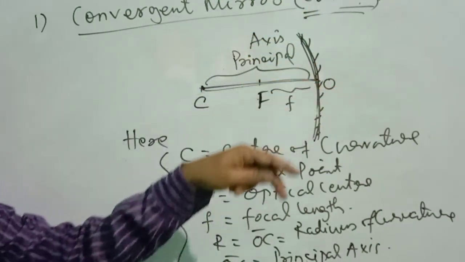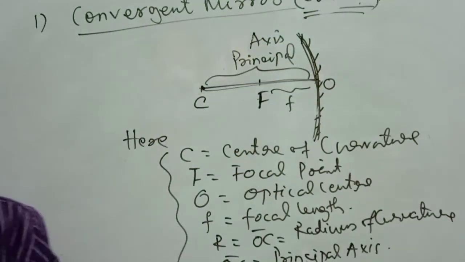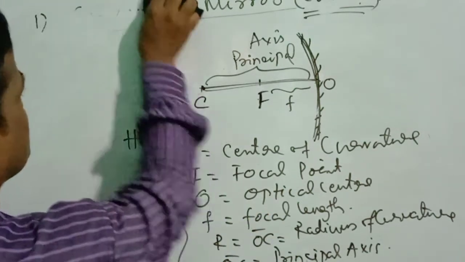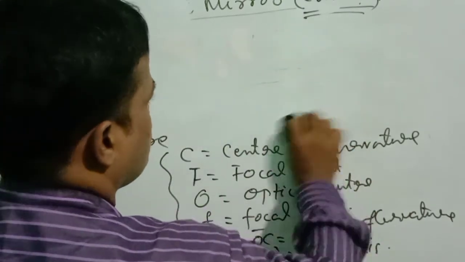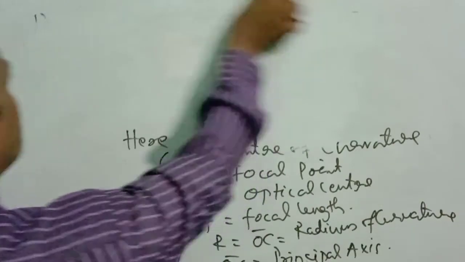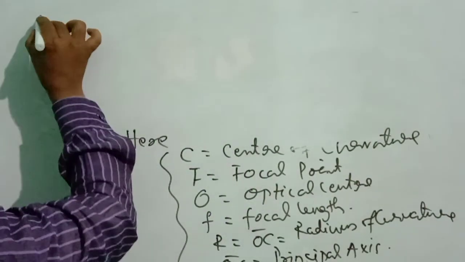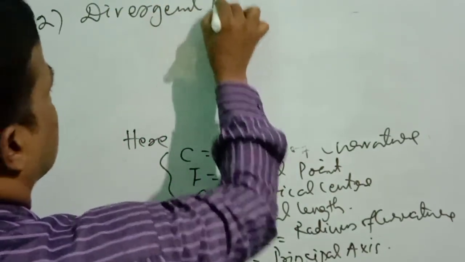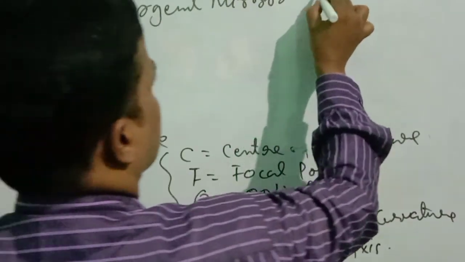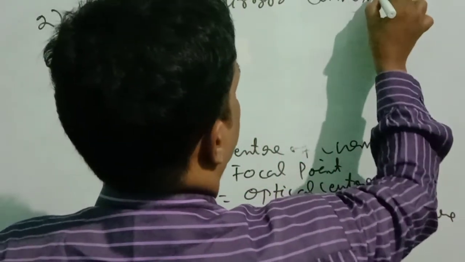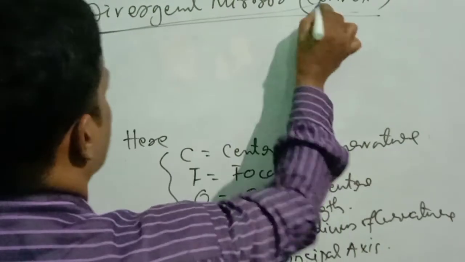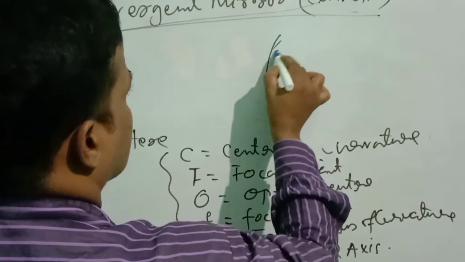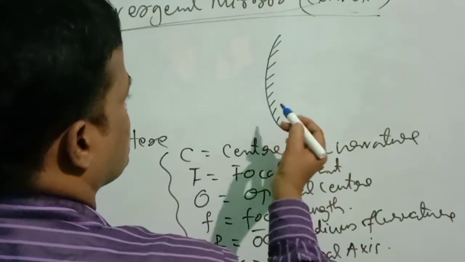Now let us see about the convex mirror. Divergent mirror, that is the convex mirror.